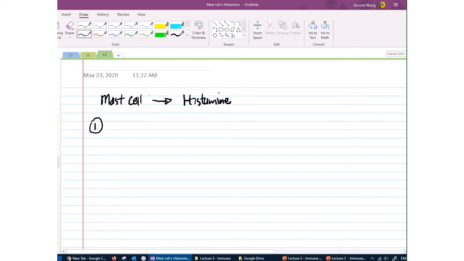Number one, histamine is going to cause vasodilation. So vasodilation basically means that the blood vessel is going to become bigger. It's going to increase in diameter, and this is going to allow for an increase in blood flow.